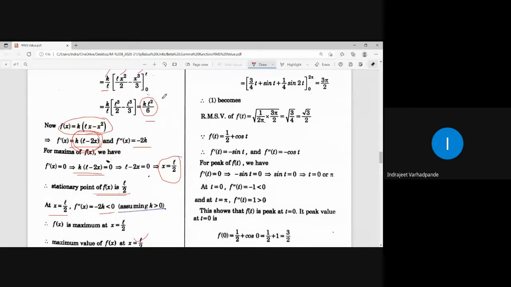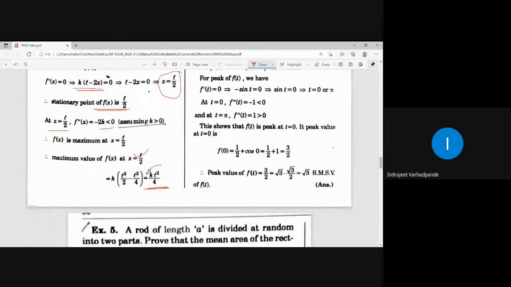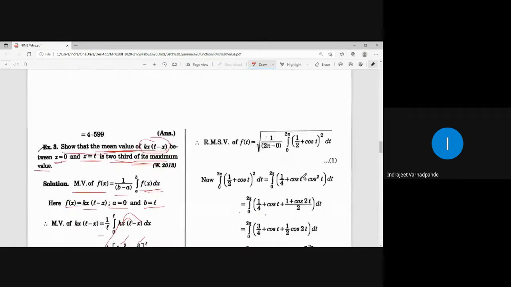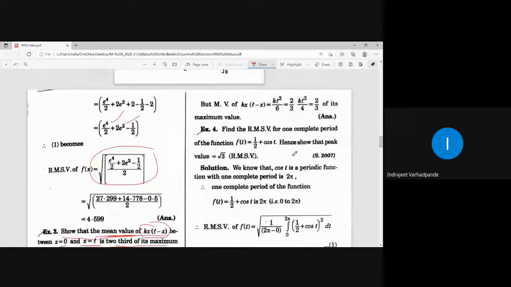Now, the mean value comes out to be KL square by 6. The maximum value comes out to be KL square by 4. How to do the adjustment? KL square by 6 can be written as 2 by 3 multiplied by KL square by 4. See, 6 can be split as 3 into 2.